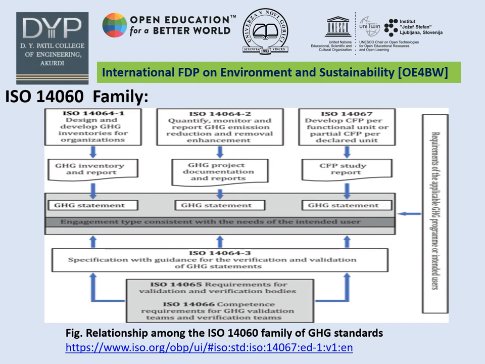This figure shows the relationship between the ISO 14060 family of greenhouse gas standards. The major functions of the ISO 14060 family include corporate decisions such as identifying greenhouse gas emission reduction opportunities and increasing profitability by reducing energy consumption.